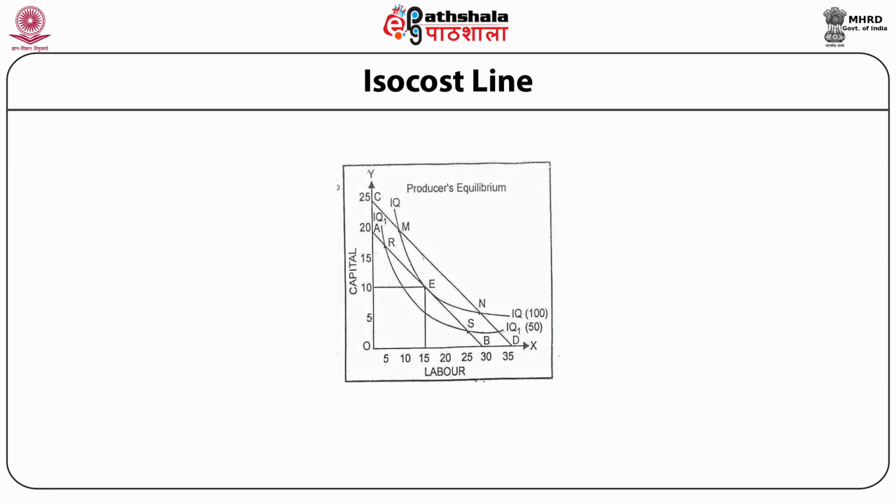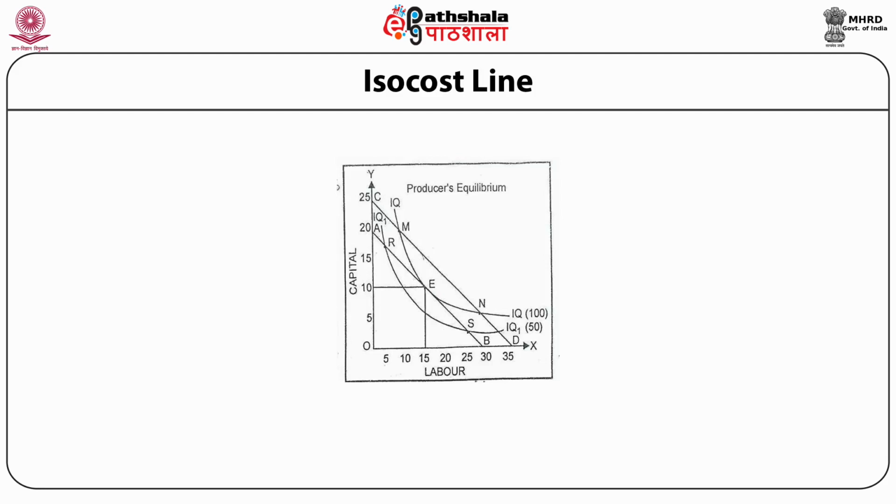The situation of producer's equilibrium or optimum combination of factors can be explained with the help of figure 11. Suppose a producer wants to produce pens with a total expenditure of rupees 1500. He requires two factors, that is labor and capital, to produce this output. The price of labor is rupees 50 per unit and that of capital is rupees 75 per unit.